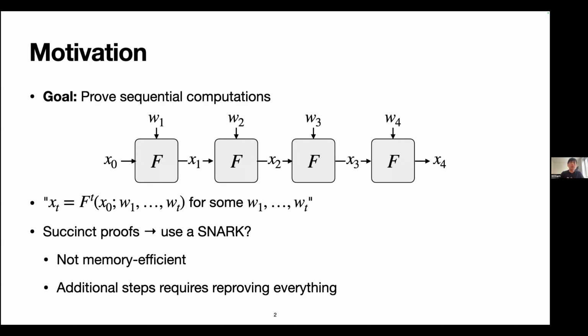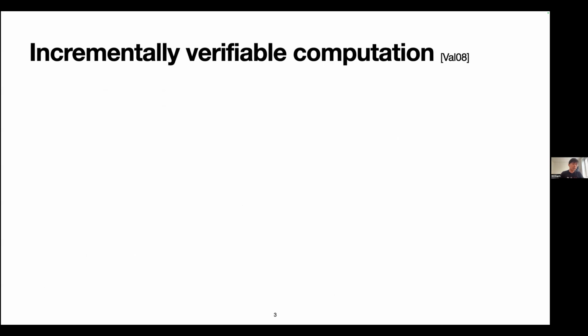Cool. So one way to avoid these drawbacks is to use a technique called incrementally verifiable computation. The idea is as follows. You have some initial state x0 and some empty proof, which is denoted bot. And you have some proving algorithm, which takes the current state and outputs the next state. Additionally, it also outputs a proof attesting to this state's validity.